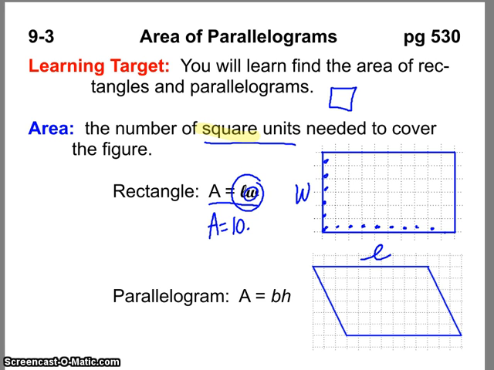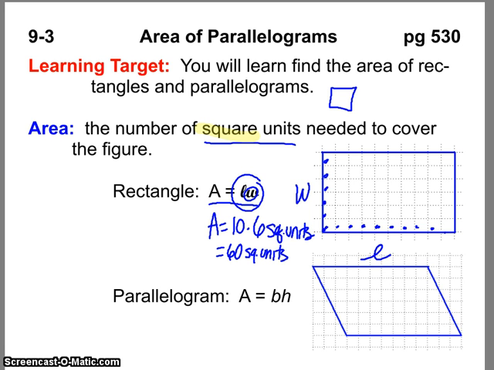So W is 6. So we have length times width, and this is a total of square units. We'll just put the word units because we don't have any labels here. And if we solve it, Panthers, 10 times 6 is 60 square units.